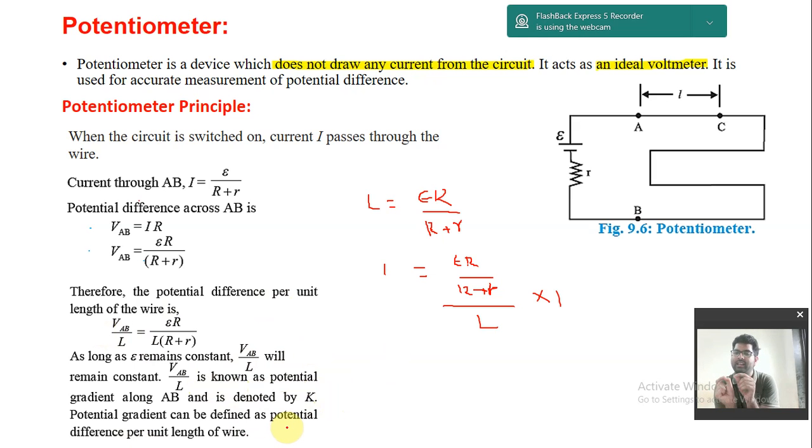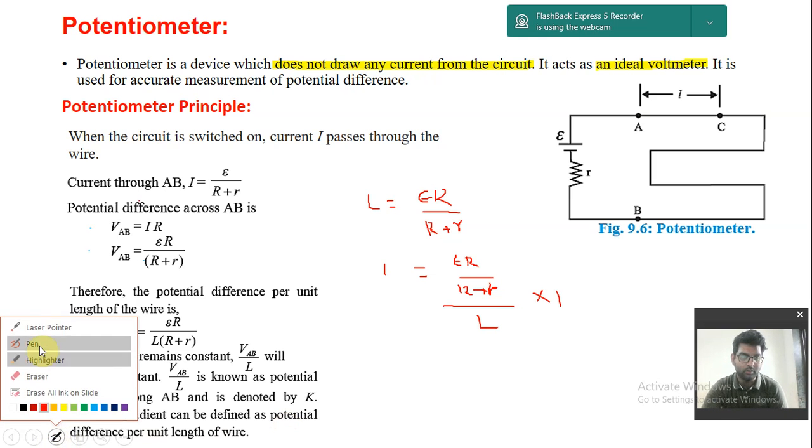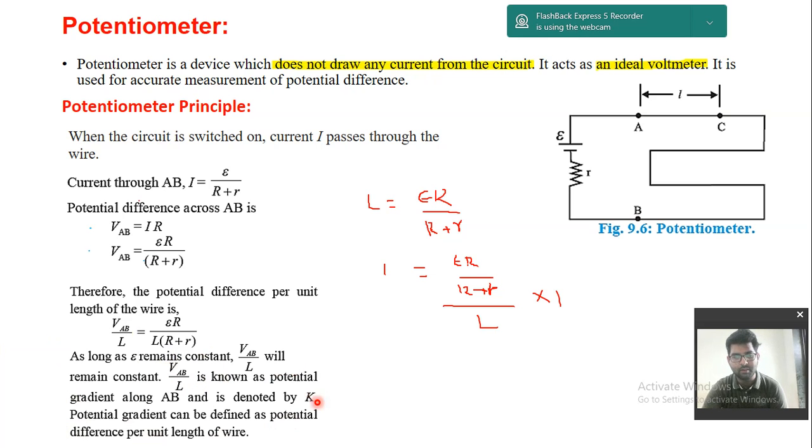This is the same potential gradient I told you about earlier, V upon L. So V_AB upon L is my potential gradient, and K equals V upon L.